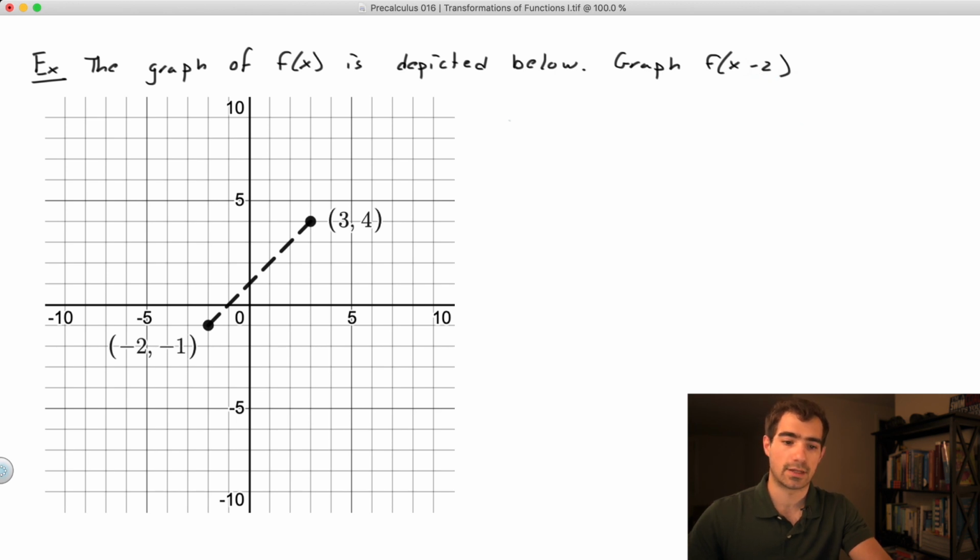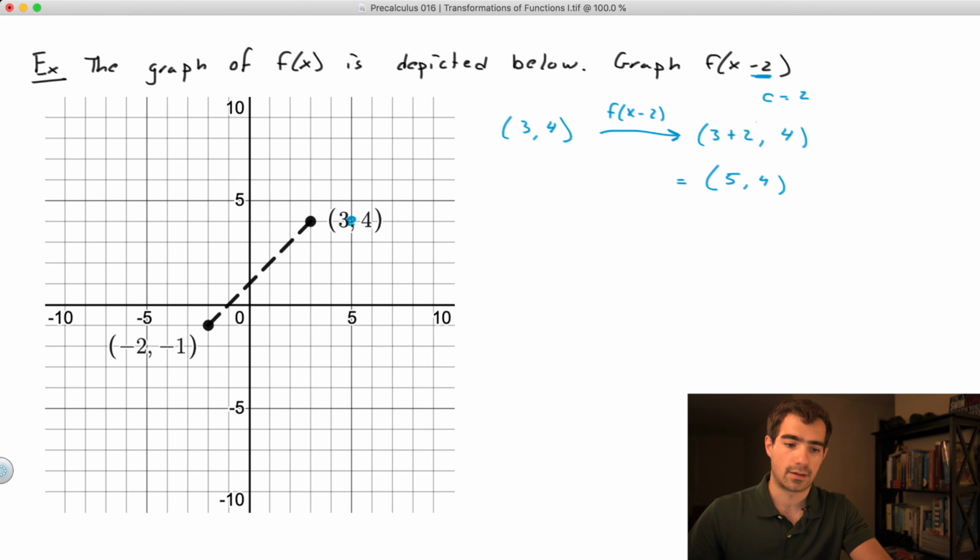So if we take a look at our points here, we have the point 3, 4, which when we transform by f of x minus 2, we're going to be adding that c value, right, plus c here, c is equal to 2. We're going to be adding that c value to our x coordinate. And so we have 3 plus 2, comma 4, equal to 5, 4.